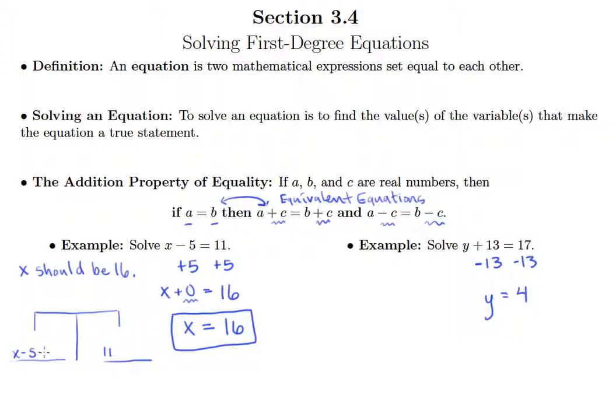Now, when I added 5 to the left side, that brings this side of the scale down, right? It would have pushed it down. And so we need to keep the scale balanced, and that's why I added 5 to this side as well to balance it out once again. And so that's how I can be confident that, yes, x equals 16 is my answer, because my scale is still balanced.